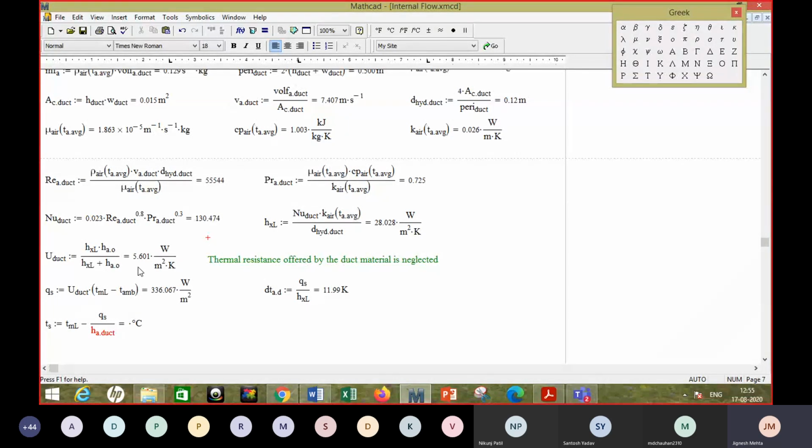This would always happen whenever there are multiple resistances in series. The overall you get is even less than the lowest one. So making this very big is not going to help you, because the other one is a much higher resistance.